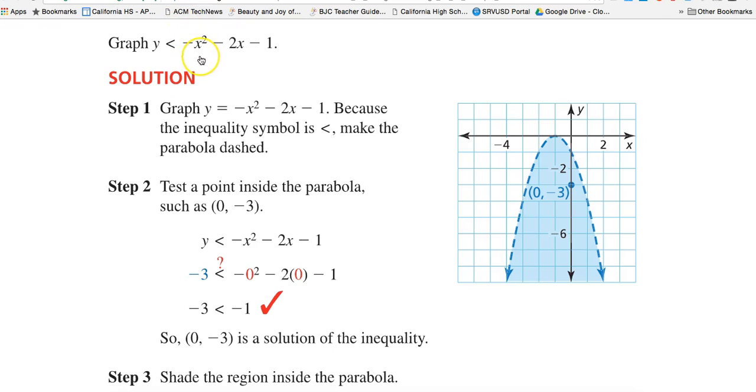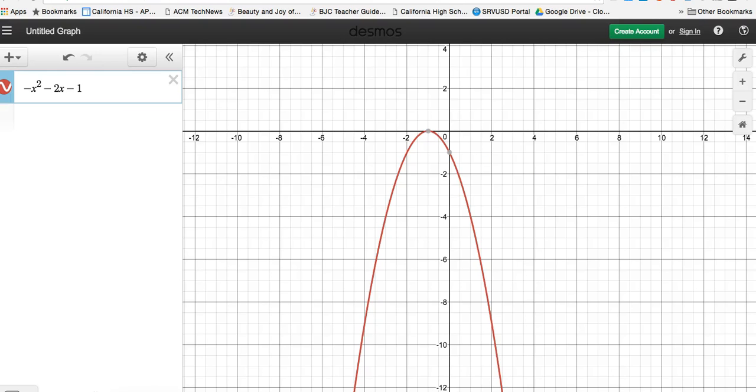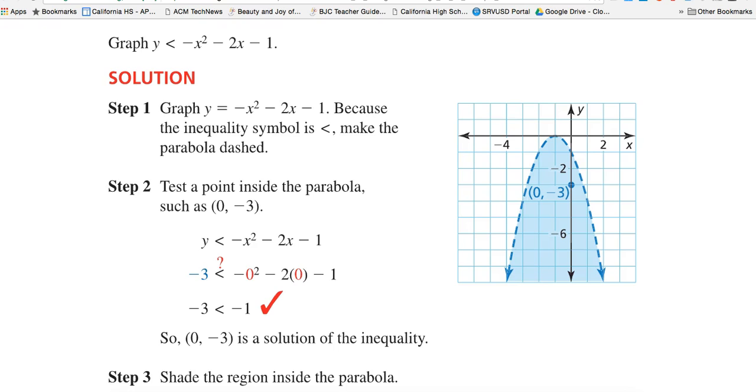Just use Desmos or a graphing calculator to graph your parabolas or your quadratics. There's no need to take all the time of graphing this by hand. I showed you how you can use Desmos to do it. The other option is using a graphing calculator if you have it. The next important thing is making sure to look at your inequality symbol to see if it's going to be a dashed line or a solid line.